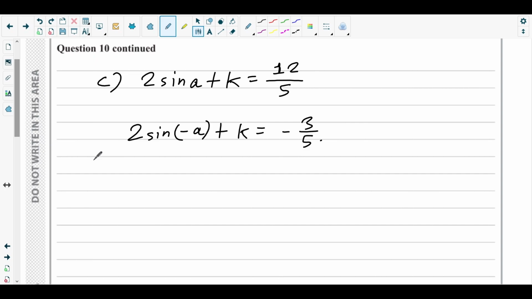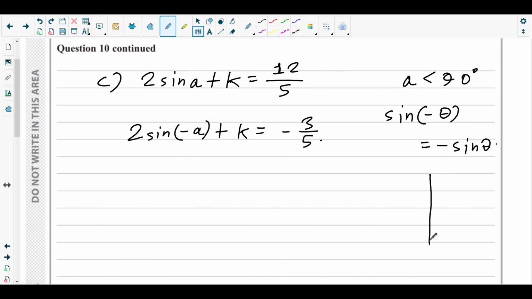We got 2 equations. Since a is an acute angle, that is a is less than 90 degrees, we know a formula that sin(-theta) equals negative sin theta. Why?